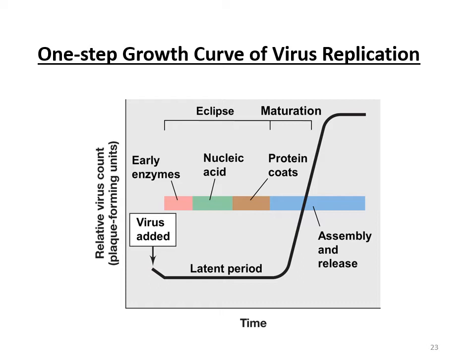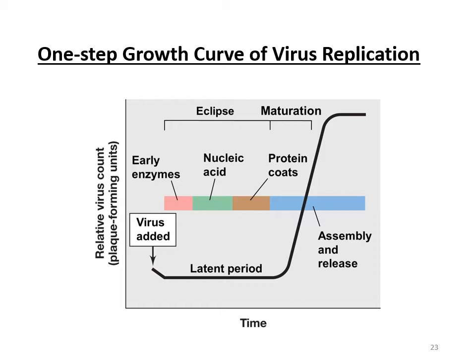When they lyse out of a host cell, you have a whole bunch of new viruses released at once. All of the replicating and assembling we saw in the previous slide, you can't see that until they burst out of their host cells.